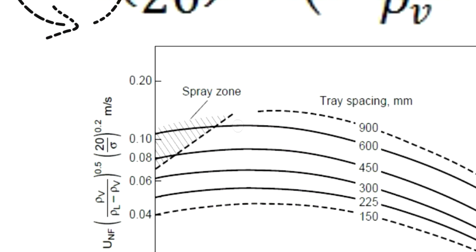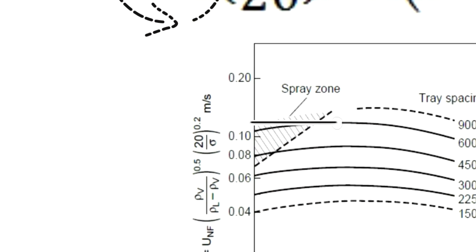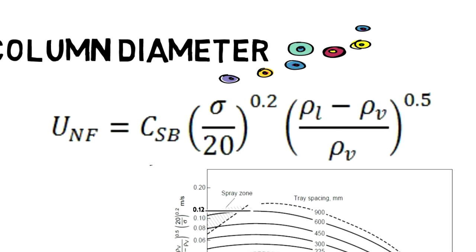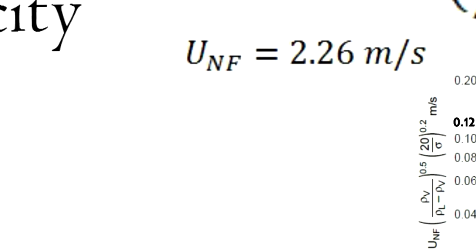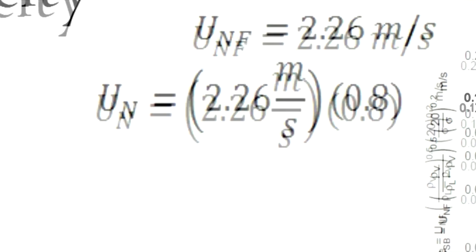Assumed earlier that the tray spacing is 600 mm, CSB is equal to 0.12. Substituting it to the formula, we get that the maximum flooding velocity is 2.26 meters per second. To get the actual vapor velocity, we multiply it by 0.8 as percent flooding.